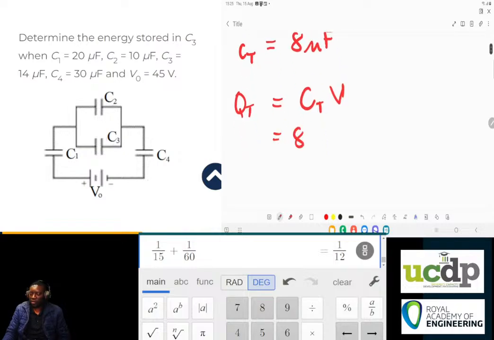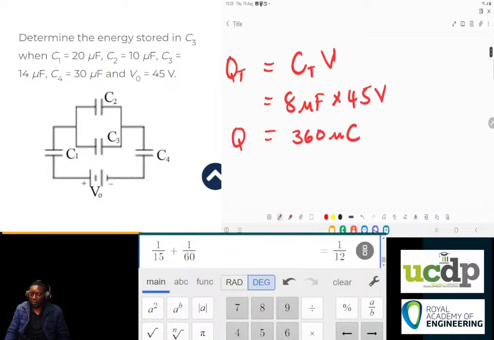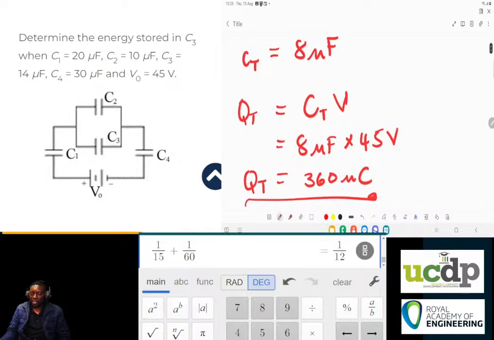So we have 8 microfarads multiplied by 45. We find that we have a total charge of 360 microcoulombs. Do we agree? So the total charge in this system is 360 microcoulombs.